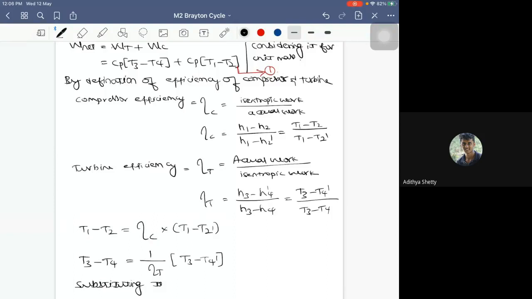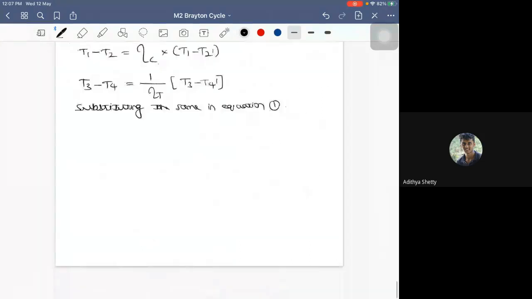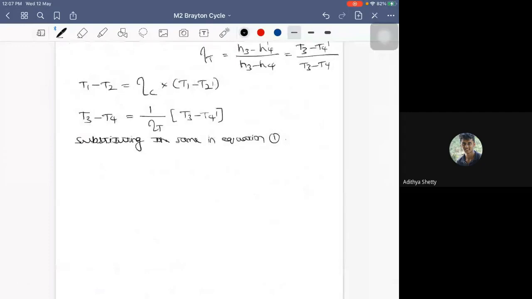Now, substituting the same in equation number 1. Substitute the value of T3 minus T4 and T1 minus T2 in that particular equation. So what we would get is this. So W net is equal to Cp into T3 minus T4 dash divided by efficiency of turbine plus efficiency of compressor into T1 minus of T2 dash.